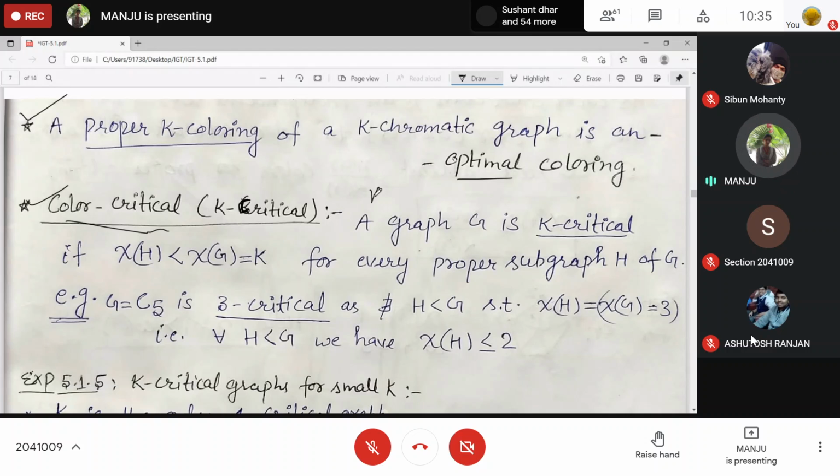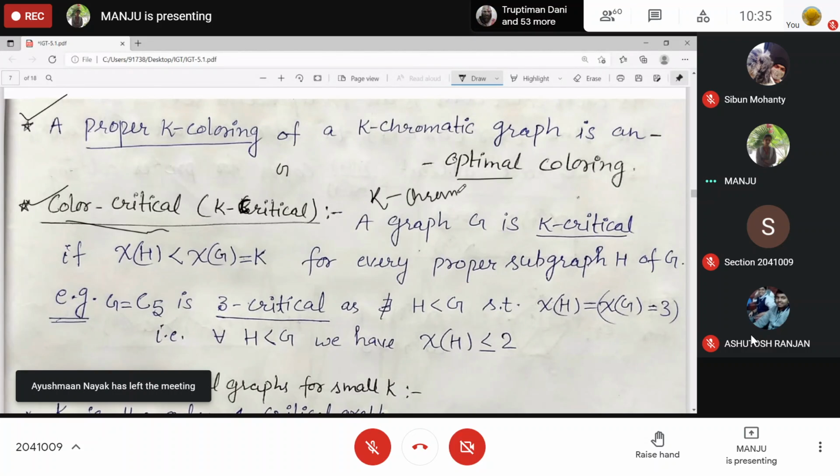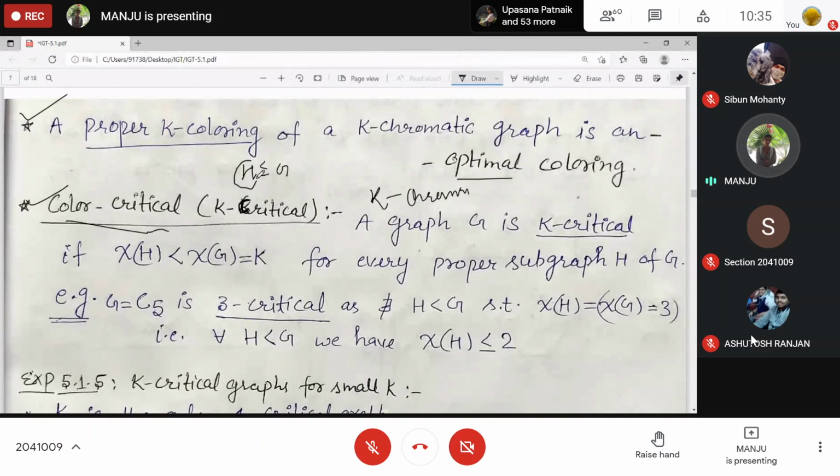If the graph is given as K chromatic and you pick any subgraph H of G, then the chromatic number of H will always be less than the chromatic number of the graph G, or you can just say less than K. Understood?